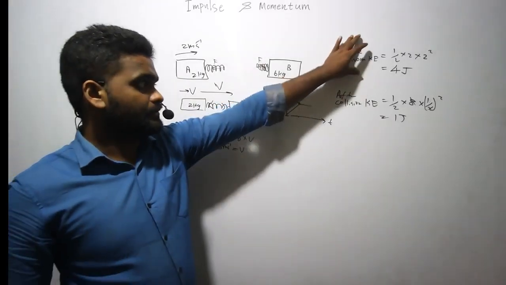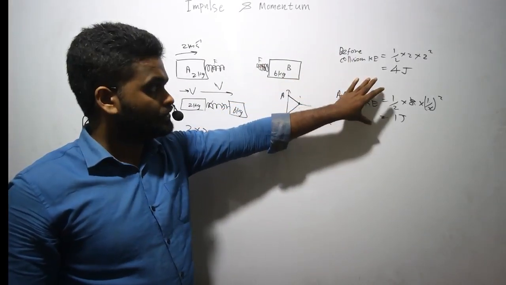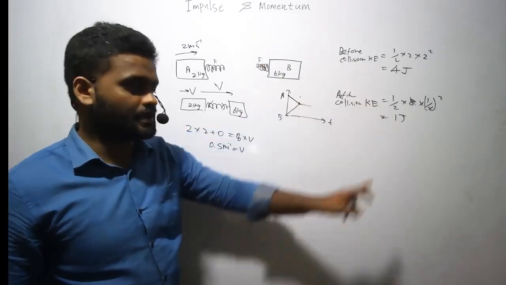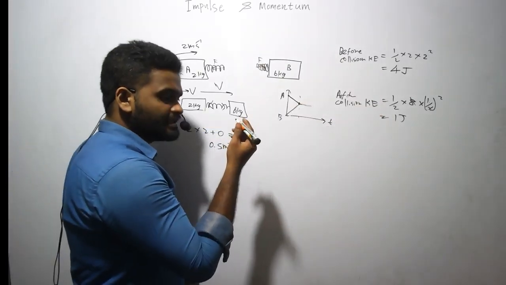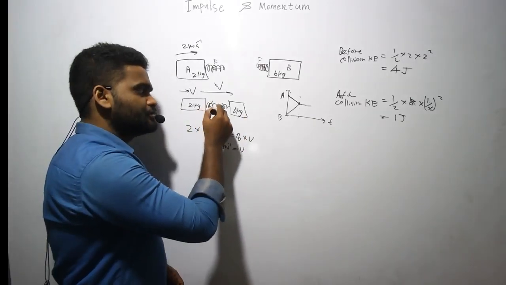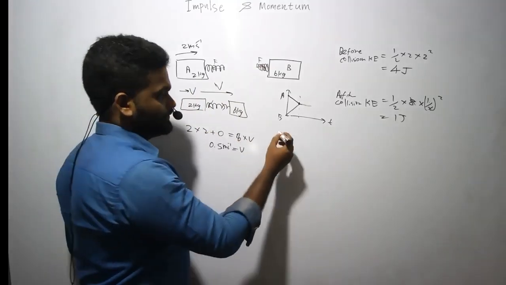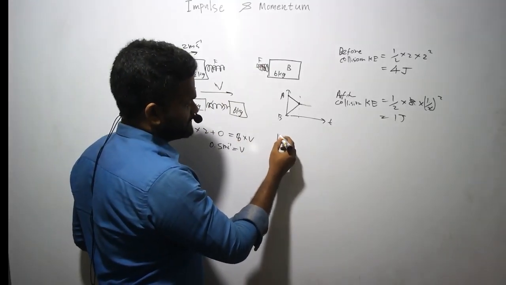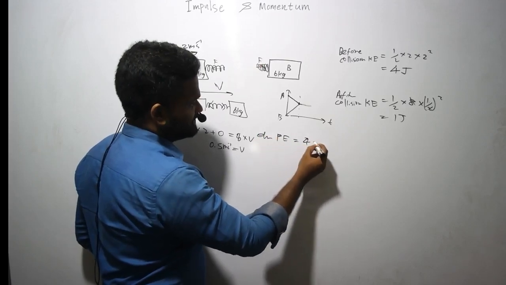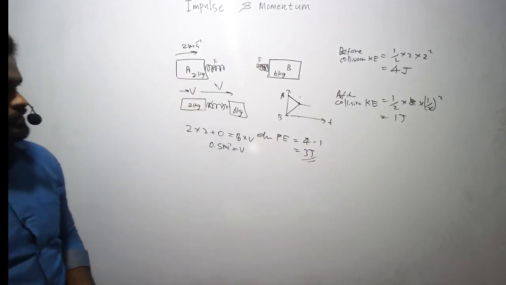So this is the before kinetic energy, and this is the after kinetic energy. So you can see there's a difference, right? The difference of those kinetic energies must be stored in the spring as elastic potential energy. So the maximum elastic potential energy should be what? 4 minus 1. That should be 3 joules, right? Should be 3 joules.